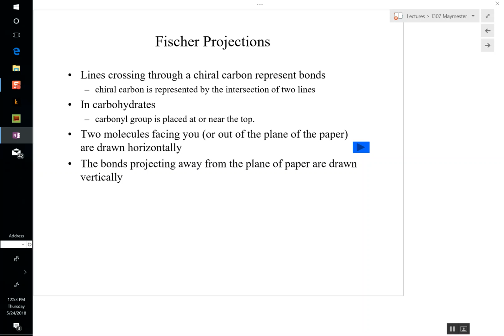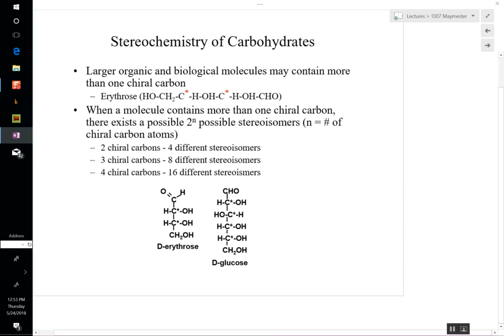And now look at this, this is a 3-dimensional molecule. But what Fischer said is, okay, let's arrange it with the aldehyde at the top, the CH2OH at the bottom, and the carbon chain in a vertical position. So the carbon chain is vertical.